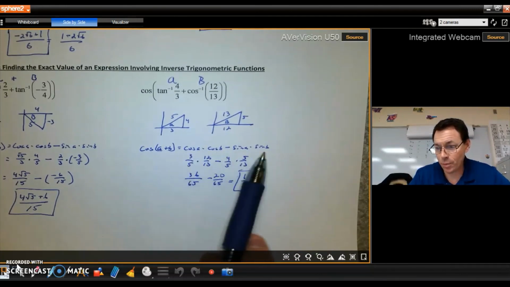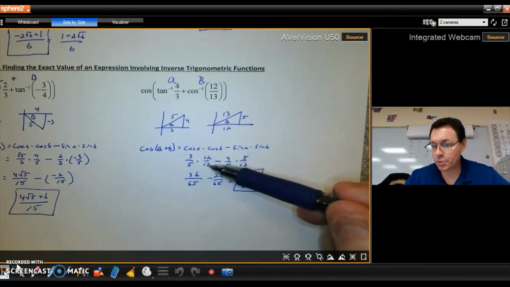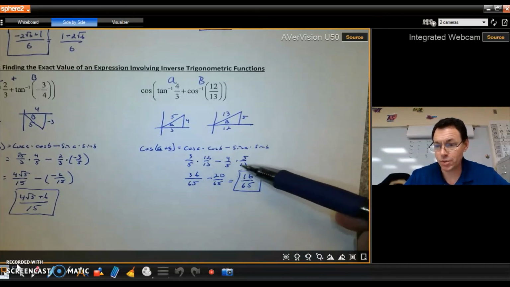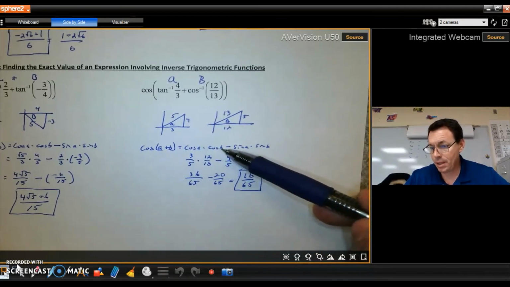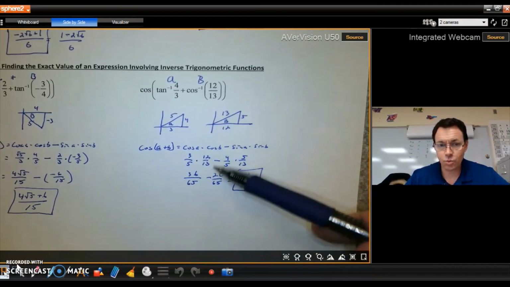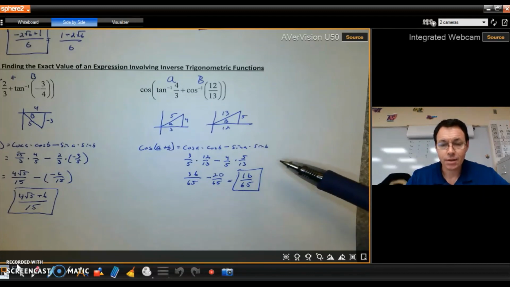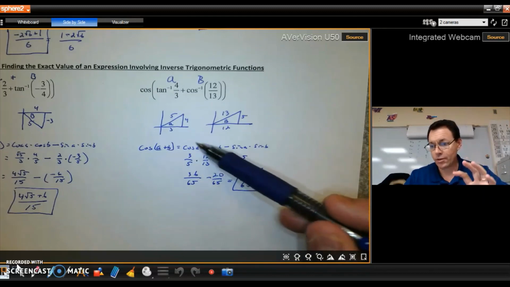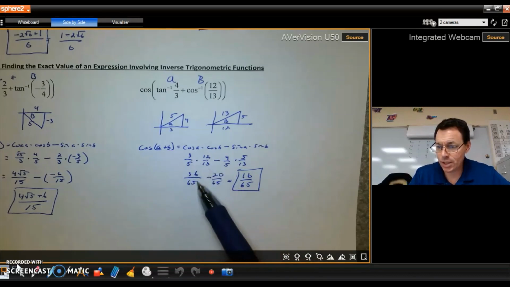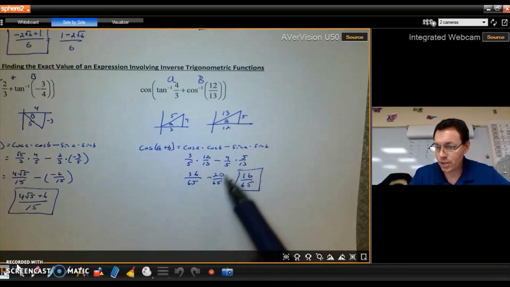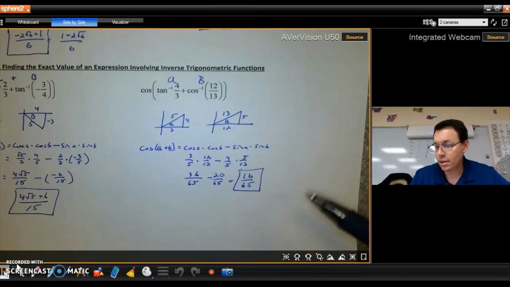I like to write the formula and then replace each part of the formula with what it equals. The cosine of A is 3/5. The cosine of B is 12/13. So one at a time, I'm just replacing each part in the formula with the value that it is. And then I simplified. I multiplied these two fractions together. I multiplied these two fractions together. And then I subtracted, and I got my final answer of 16/65.